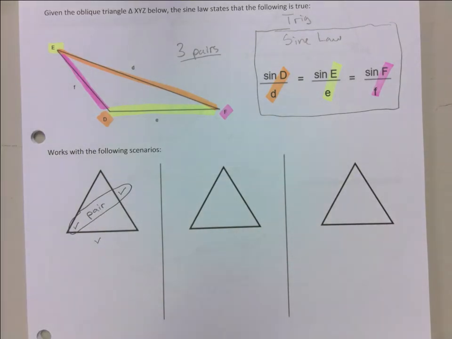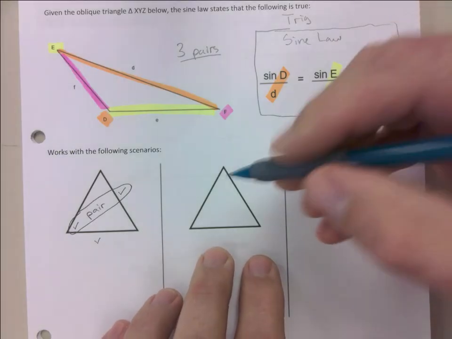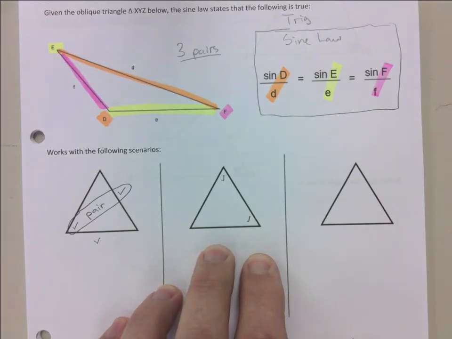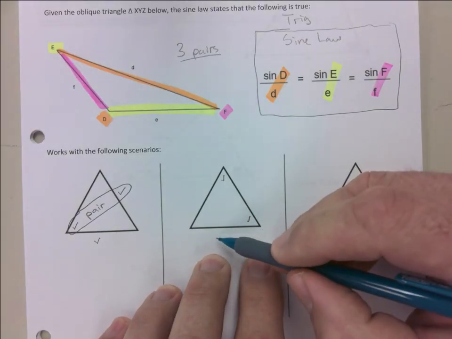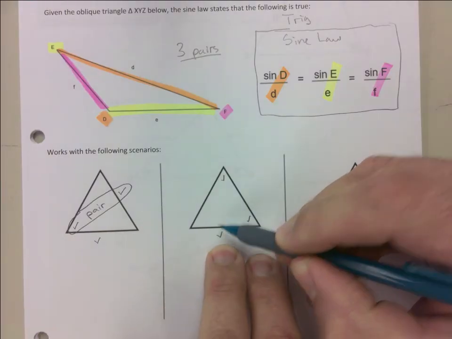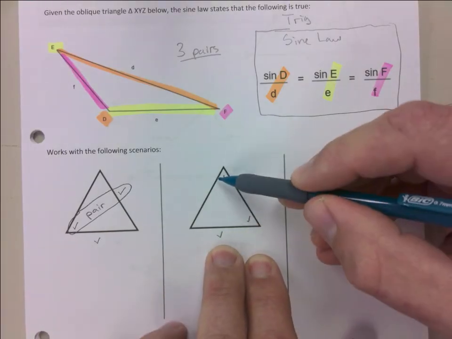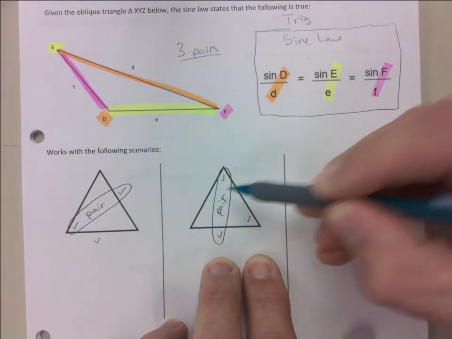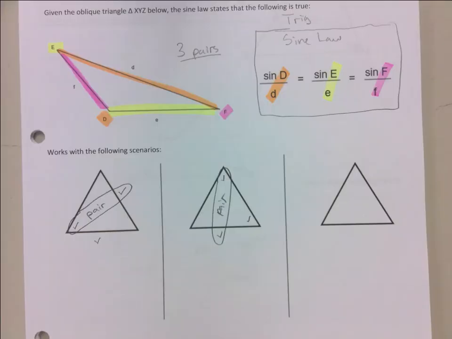Boom, you know it's sine law. Without a doubt, this is going to be sine law, okay? No questions about that. Another case is where you have 2 angles that are known, okay? And you might have the side length across from one of those. So guess what? There's your pair. There you have sine law again.